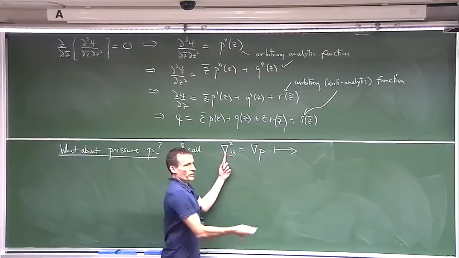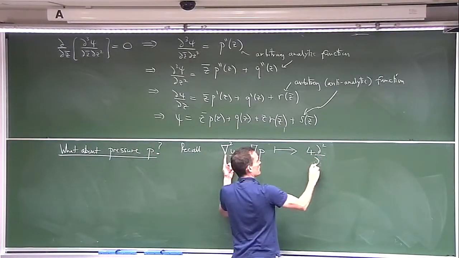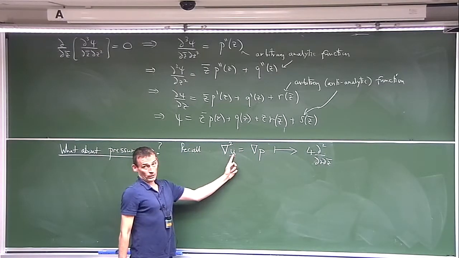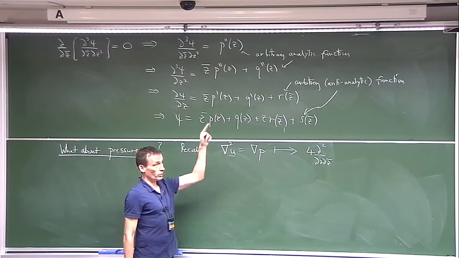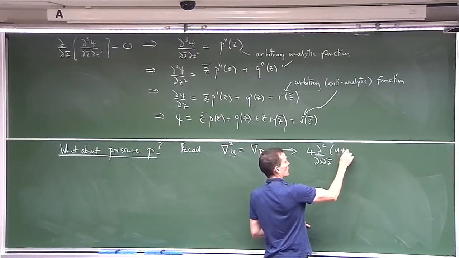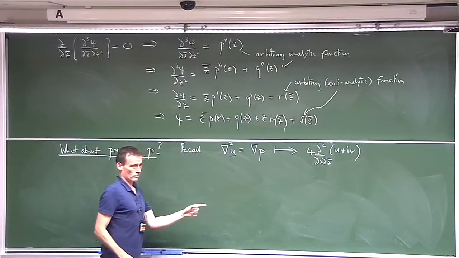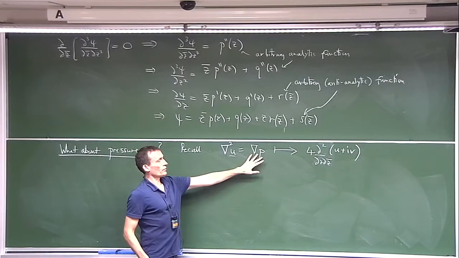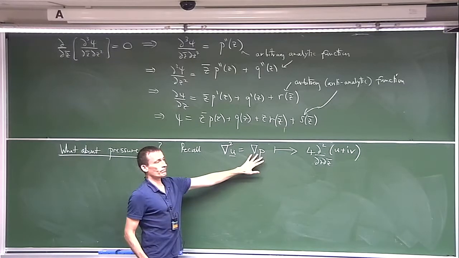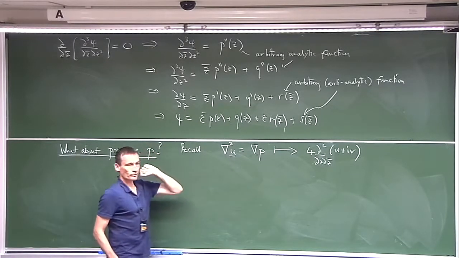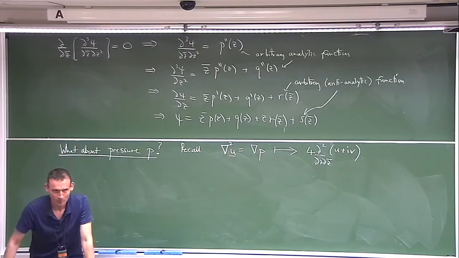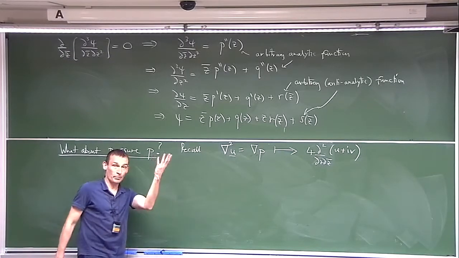Del squared we know is just 4 d squared by dz dz bar. The complex form of the vector (u, v) is of course u plus iv. What's the complex form of this? It's a good test to see if everyone's following me. The complex form of grad p.